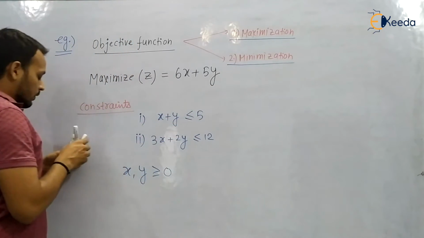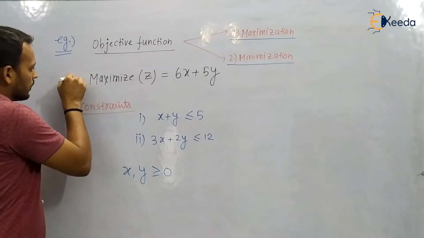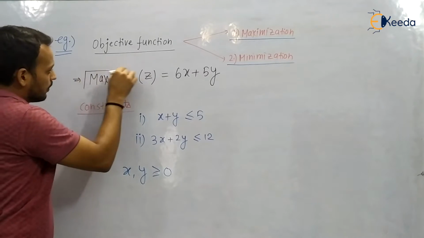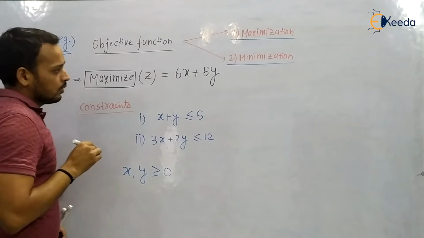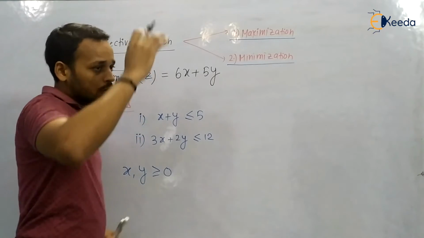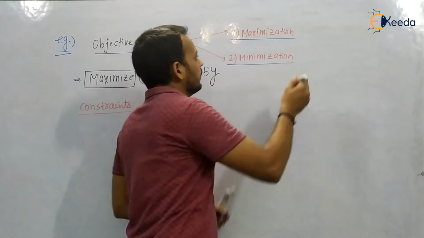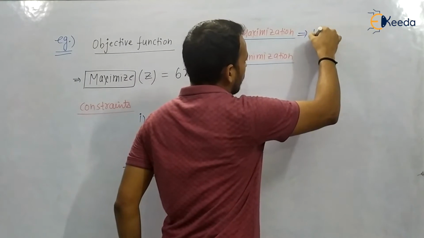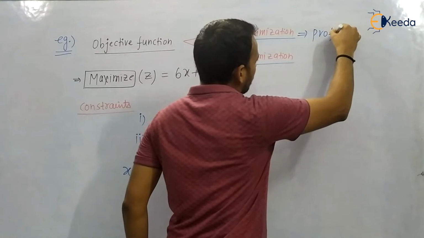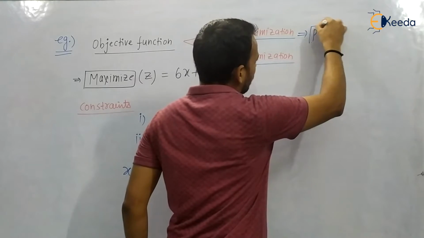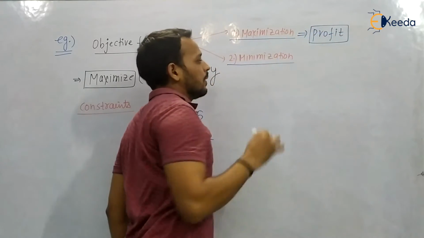Here, look, what is the objective function? The objective function is of maximization type. We have been asked to maximize our objective function. Whenever we are talking about profit, the objective function will be of maximization type.